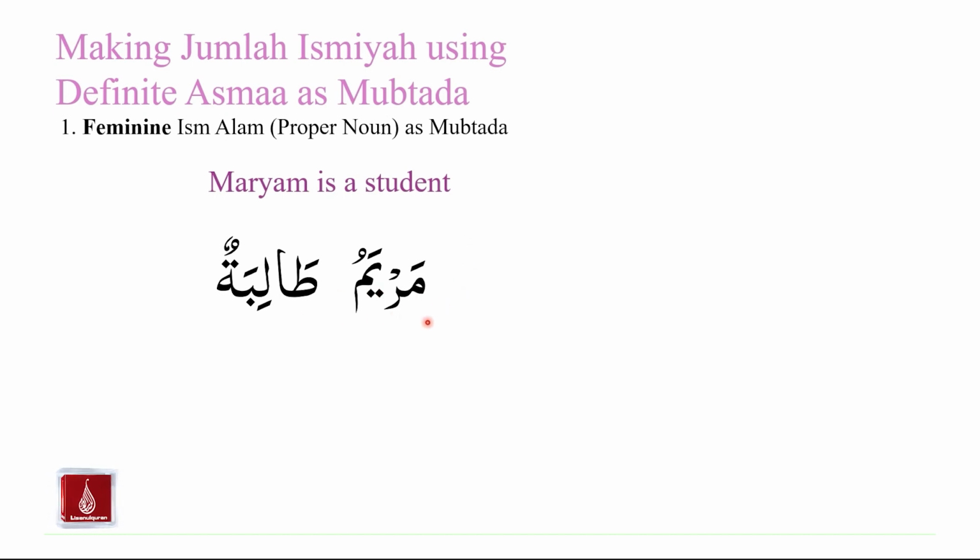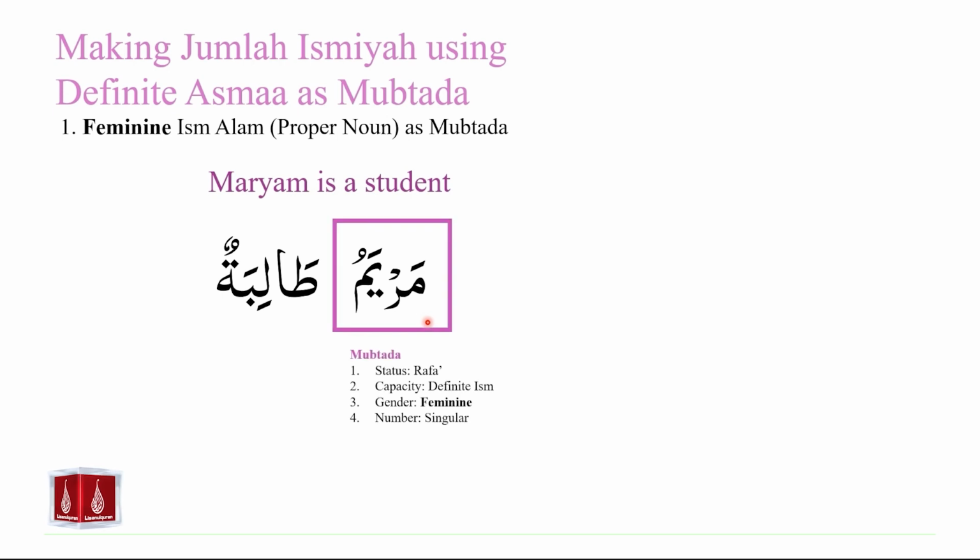Let us look at this further. Maryamu is mubtada. It is in Rafa status. We are calling this Maryamu and not Maryamun because Maryam is a feminine name and it will not accept tanween. Maryamu is definite in capacity. It is feminine and singular.